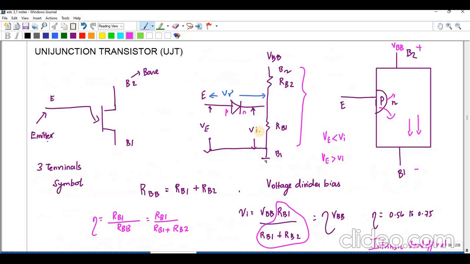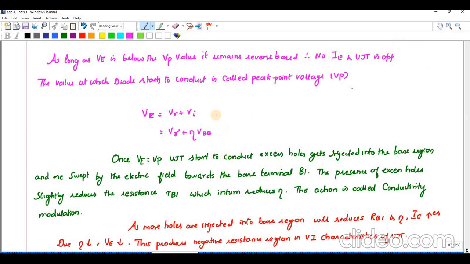VA is equal to the intrinsic standoff ratio into VBB. Substituting 1 in 2. Once VE is equal to VP, the UJT starts to conduct.